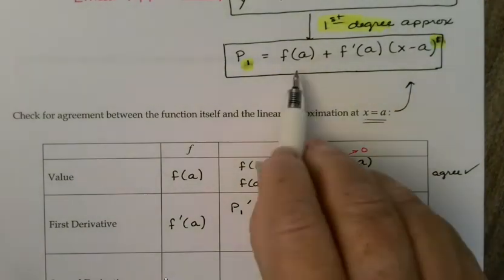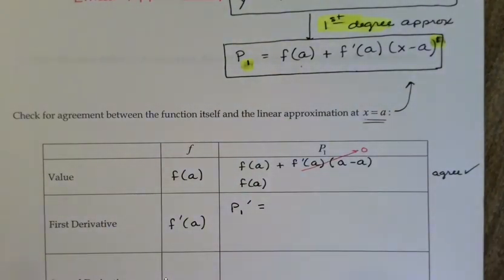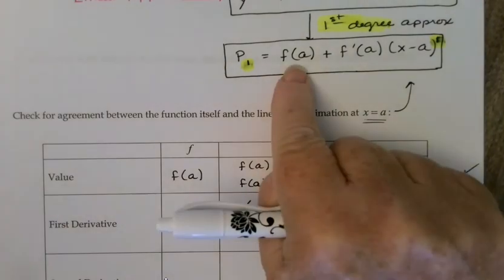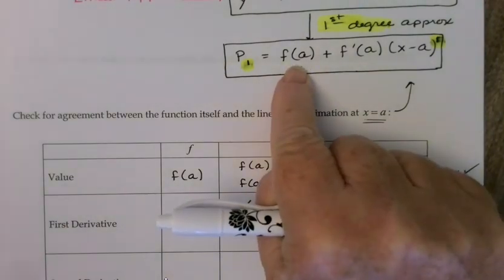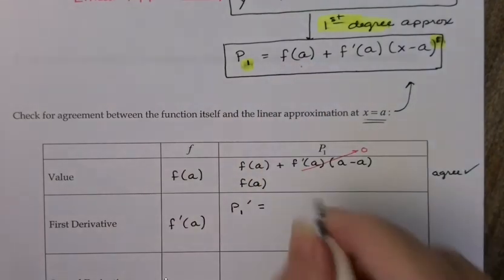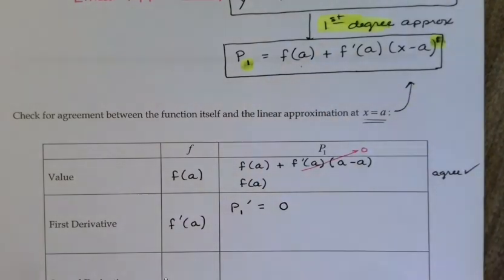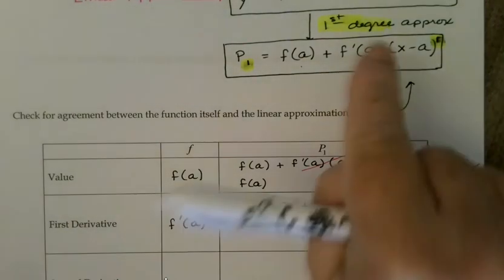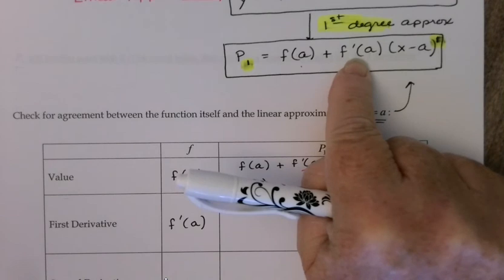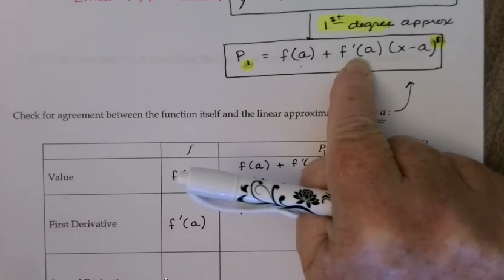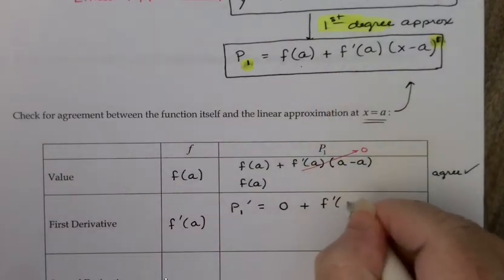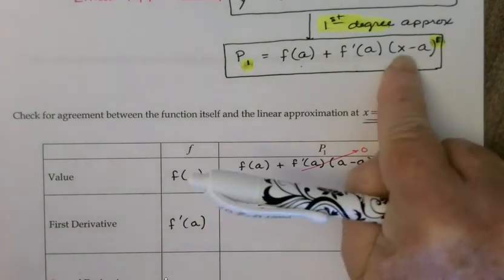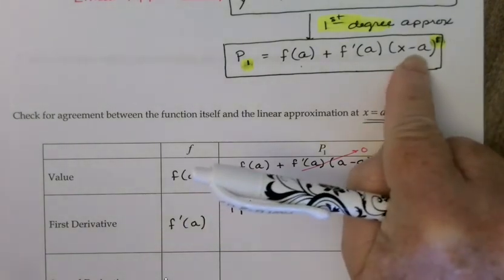P1 prime would be, now keep in mind, there's some constants in disguise here. F of a is just a number. It's the number you got by plugging a into the function. And the derivative of a constant is 0. Plus, again here, f prime of a is just a constant. It's the number you got by plugging a into f prime. But this time it's a constant multiplier, so I'm going to keep that f prime of a times the derivative of x minus a.